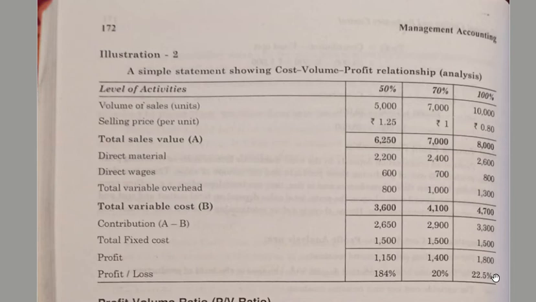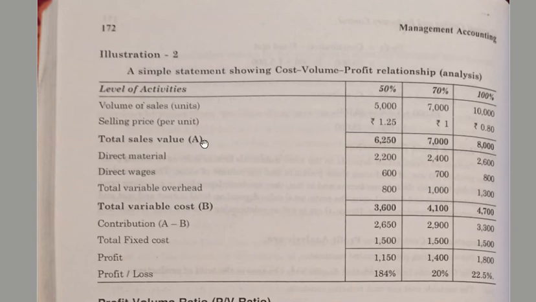The selling price per unit they have given is 1.25. The selling price for 70% is 1, and the selling price for 100% is 0.80.